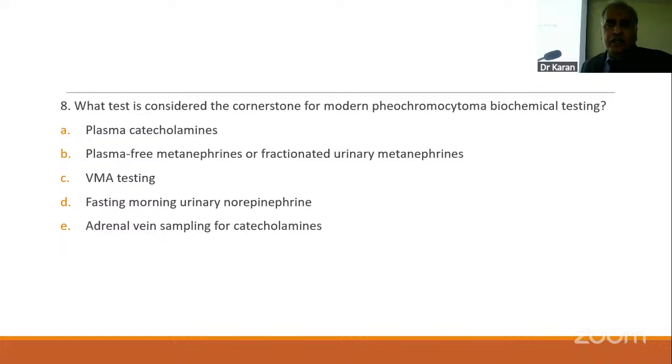So that's the ideal, I think, or even metanephrines and catecholamines sometimes. As I said, if there is a low suspicion, you do all the plasma plus 24-hour urinary metanephrines and catecholamines. If it is a strong suspicion, only plasma fractionated metanephrines would do. VMA testing is not very sensitive and specific.